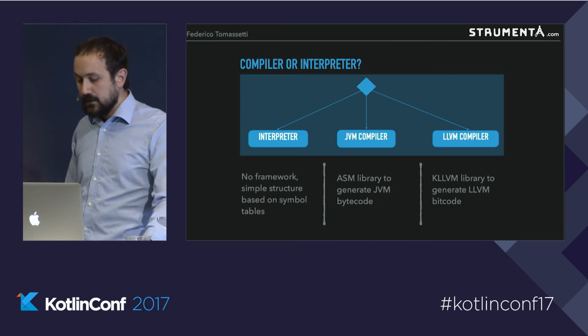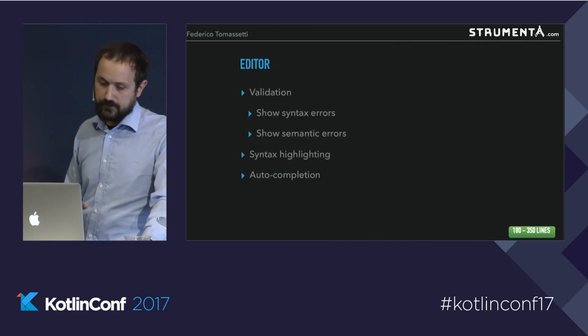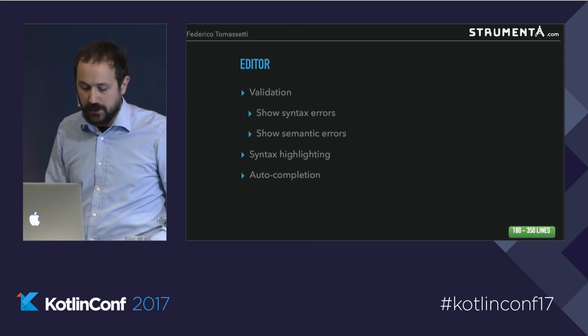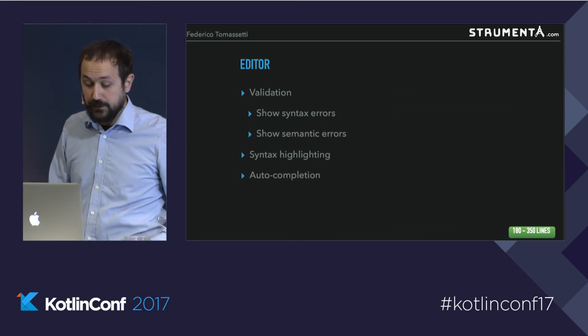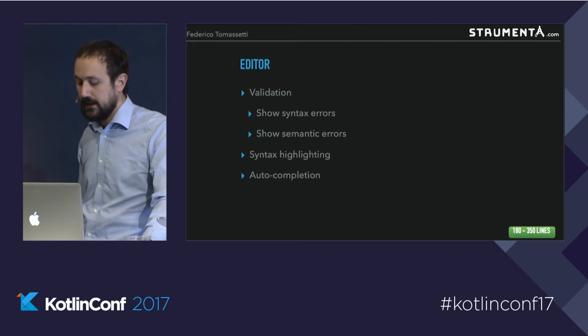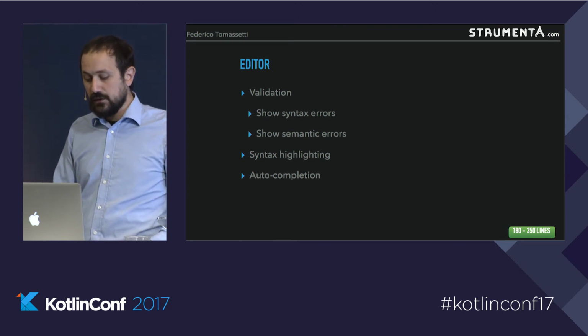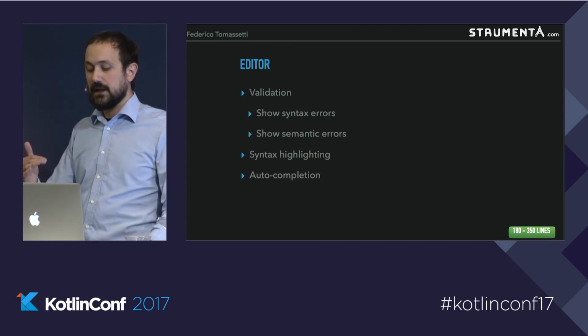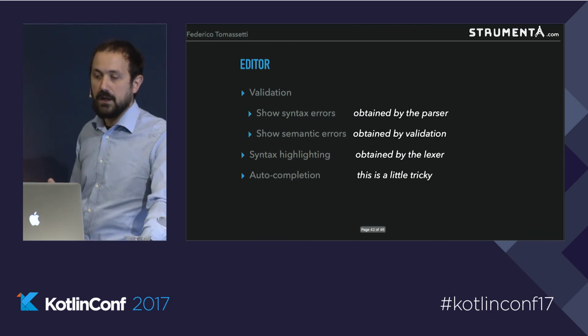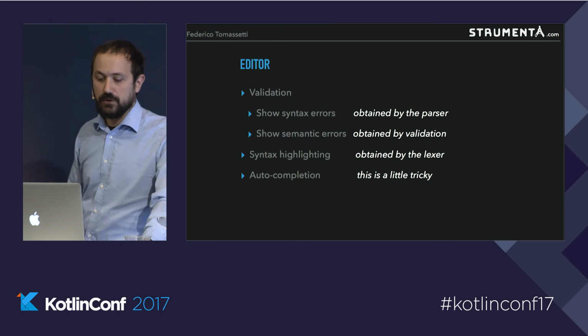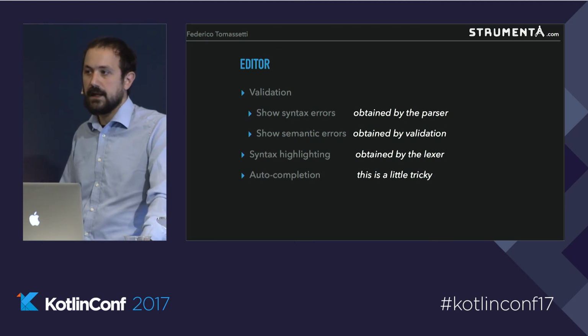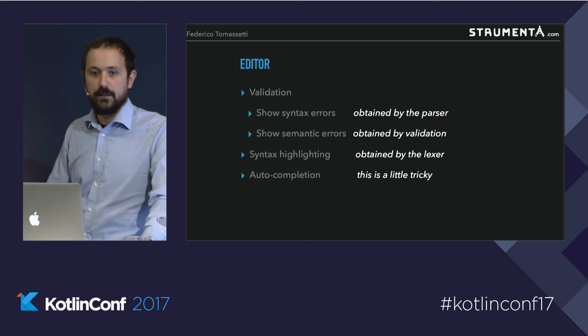Now, another aspect to consider, which will also require some work, is building an editor, and it can really make the difference for the usability of your language. The good news is that we can reuse a lot of the work we have already done, because an editor needs to show syntax errors, and the syntax errors are calculated for us by the parser.